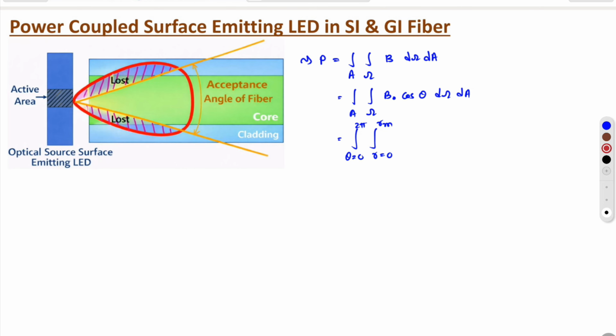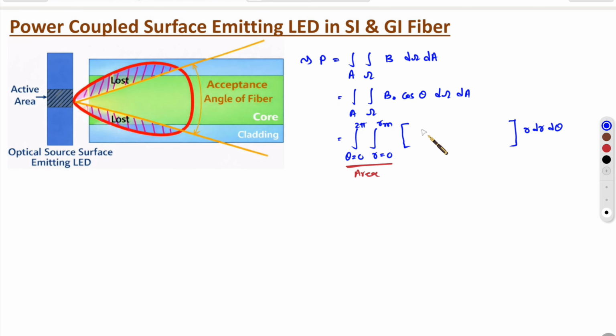So this is about area calculation. For solid angle limits, in the bracket I'll place the solid angle integration. When you talk about area calculation, along with these limits, one should know we have r dr d theta.